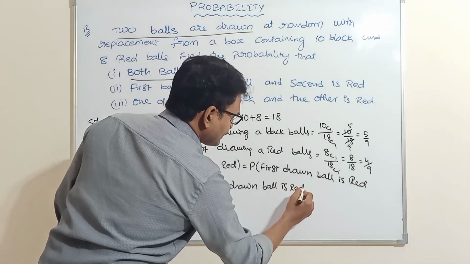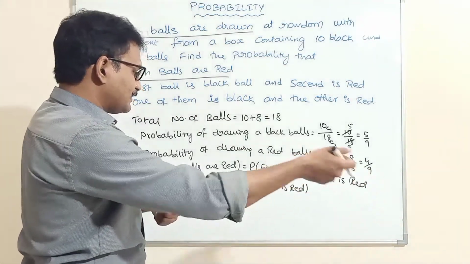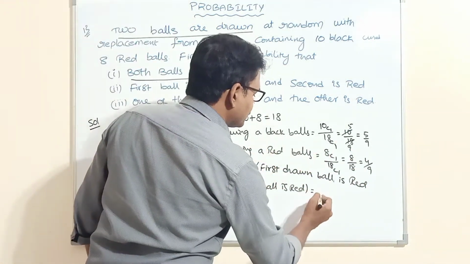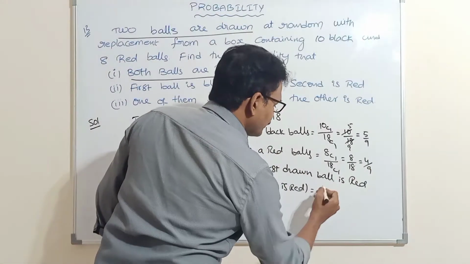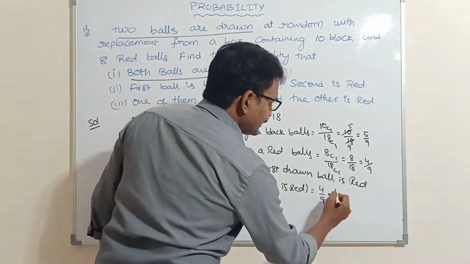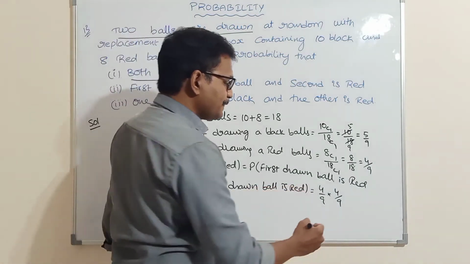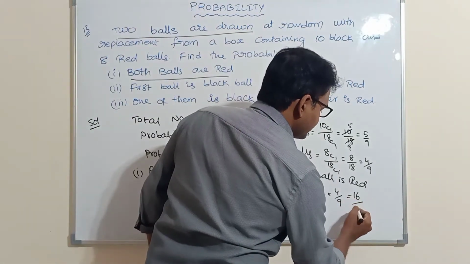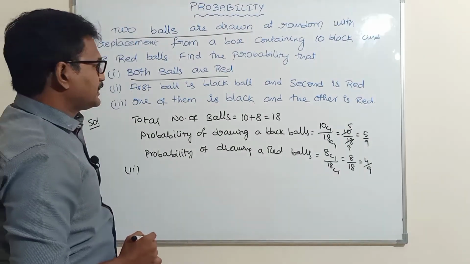What is the probability of drawing a red ball? 4 by 9 in the first case, and the second case also 4 by 9. Both are independent events, so it is 4 by 9 into 4 by 9. 16 by 81 is the answer for the first question.